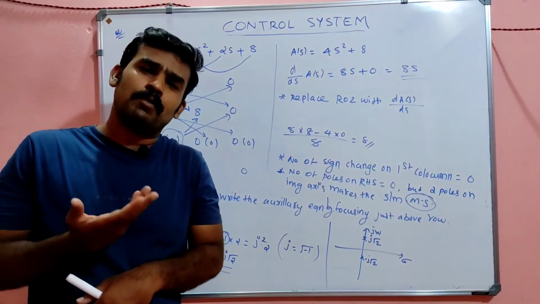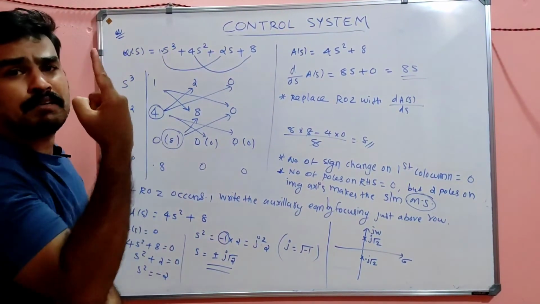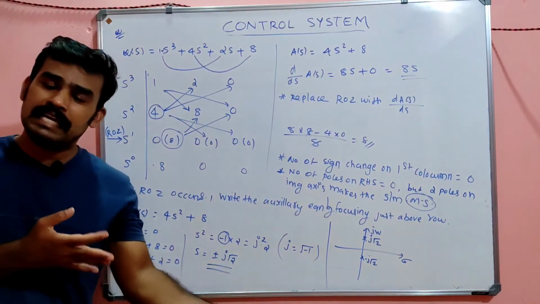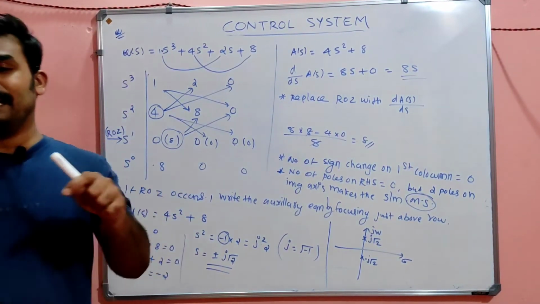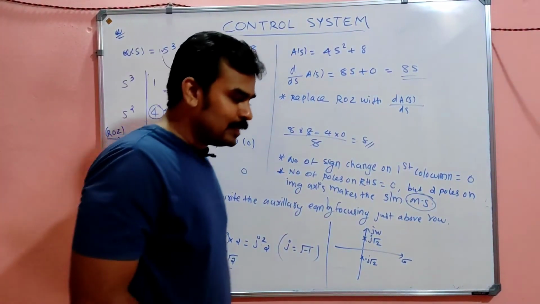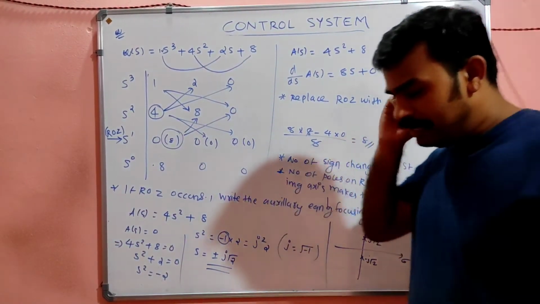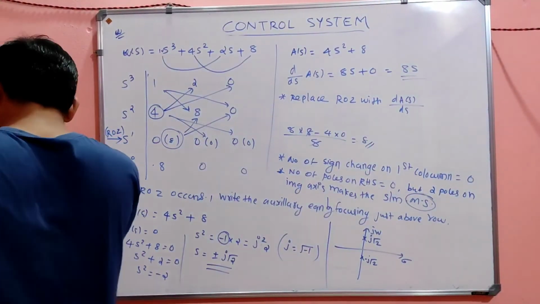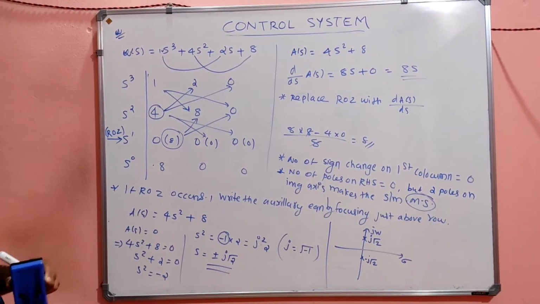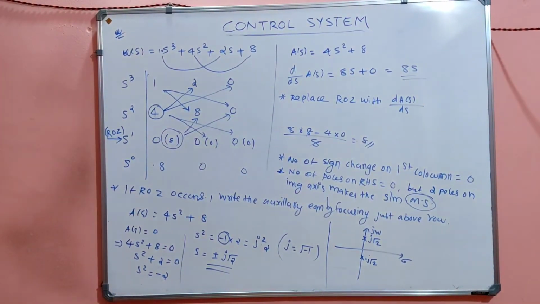So what is the only possibility for the remaining 1 pole? It should be on the LHS. Correct? Correct. So the system will be marginally stable, my dears. Is that clear? Okay. Can we go for the next question?